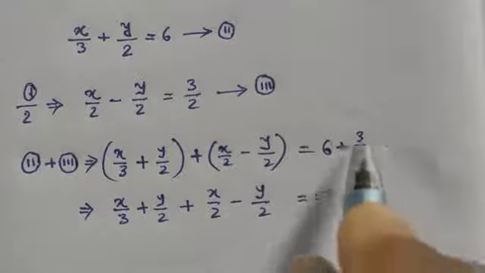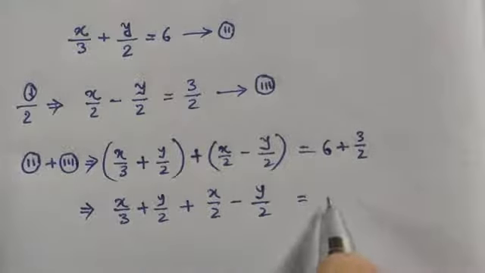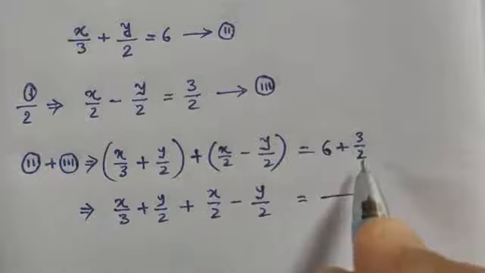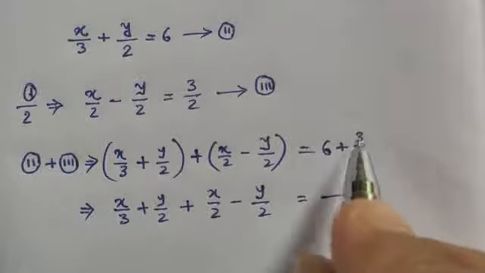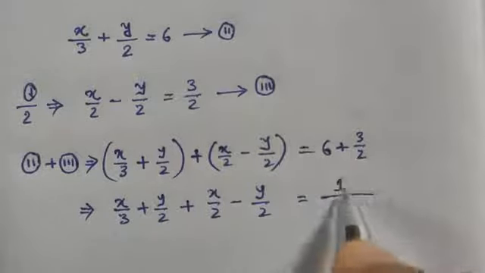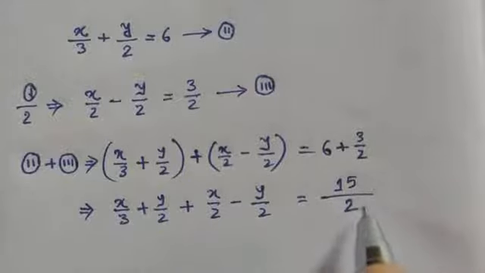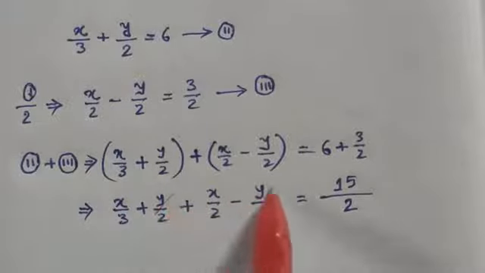If you add the right side, the denominator is 2, 2 sixes are 12, 12 plus 3 is 15, so it is 15 by 2. Now look carefully, there is positive y by 2 and negative y by 2. They will cancel each other.